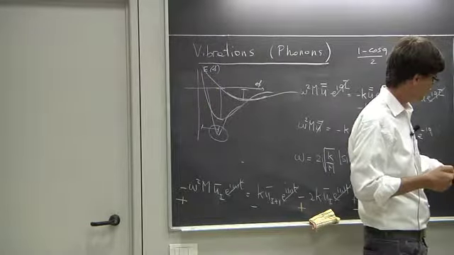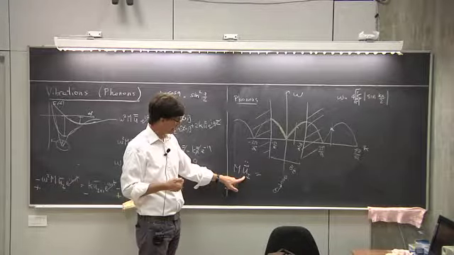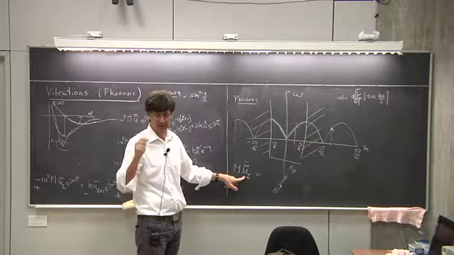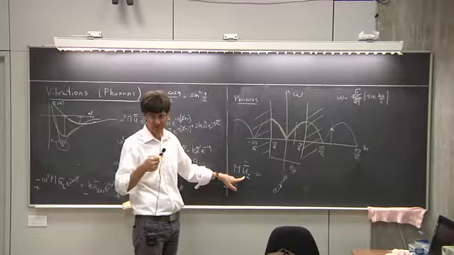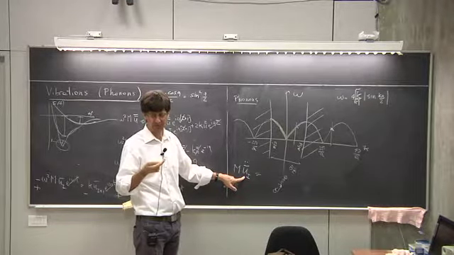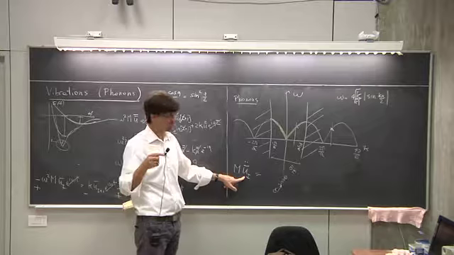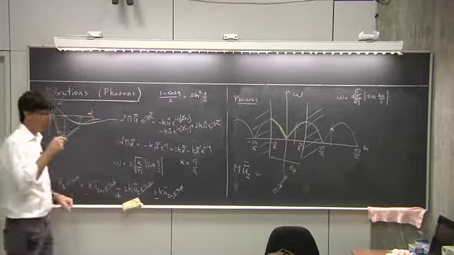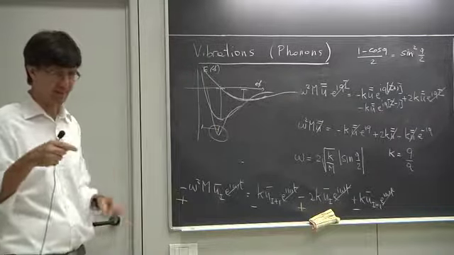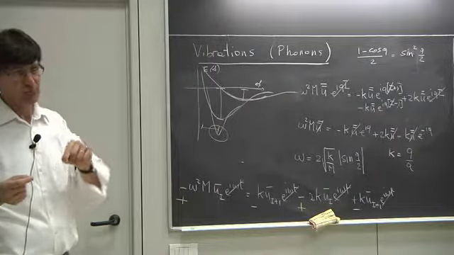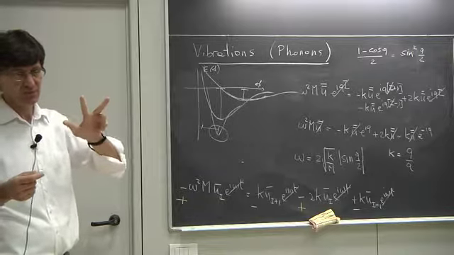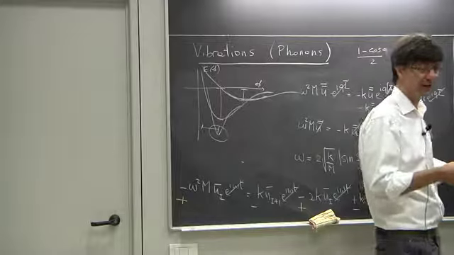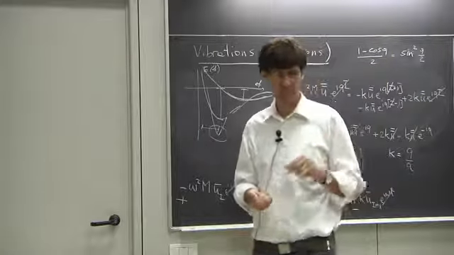If you wait until next time, it becomes clearer what happens in the case of more than one dimension. We're going to see the case of 2 atoms per unit cell, and then it becomes clear that if you have more than 1 degree of freedom per unit cell, whether it's because you have 2 atoms or because each atom has 3 degrees of freedom, the solutions will change. But allow me to wait until next time before I answer your question. It becomes much clearer.